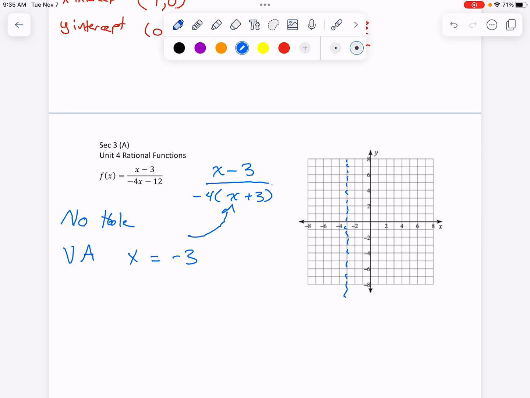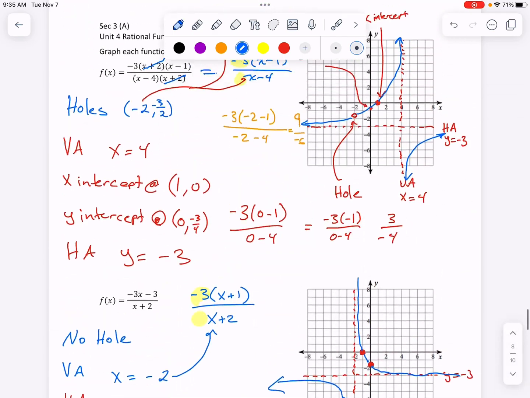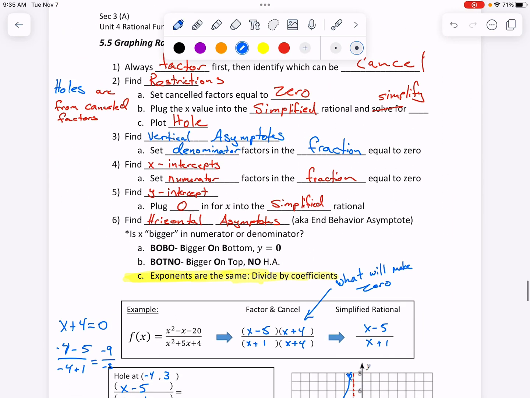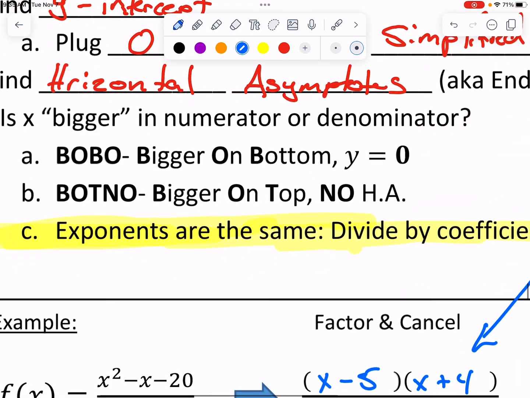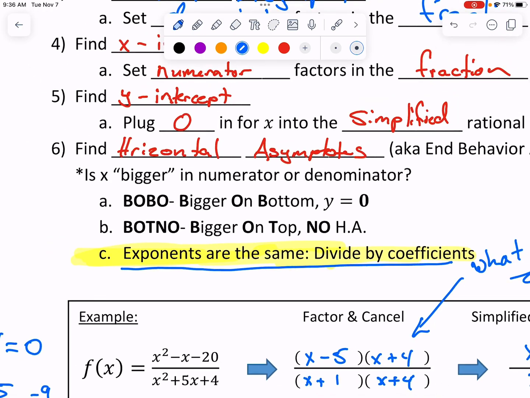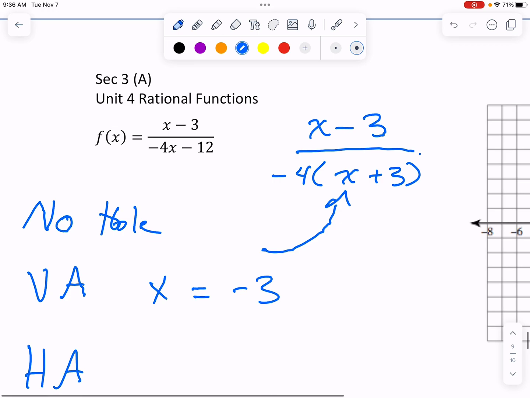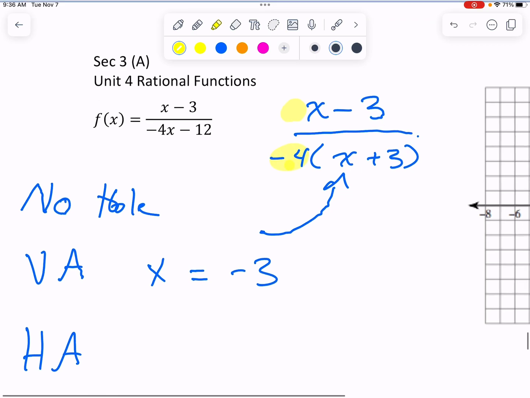To find the horizontal asymptote, we look at the degrees, and since the degrees are the same, the exponents are the same, we divide the leading coefficients. So that would be 1 over -4, -1/4.